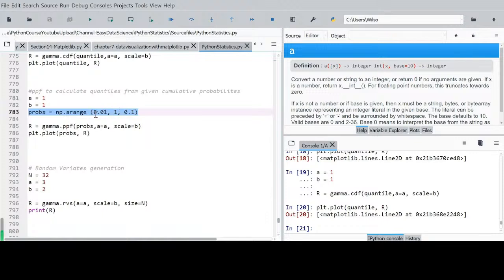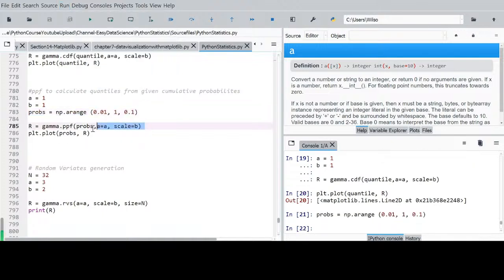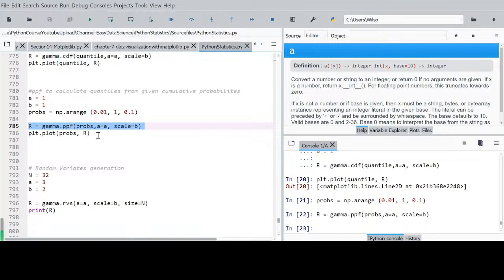Because probabilities cannot be larger than 1, we set the values between 0.01 and 1. Next, we can use the function gamma.ppf to calculate the random value x, also called quantiles, from the given probabilities. We show the relationship in a curve with the probabilities on the x-axis and the calculated random variables on the y-axis.